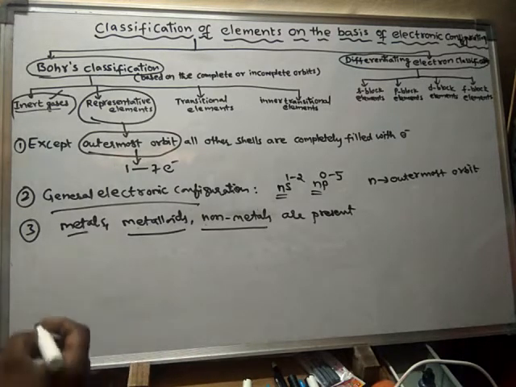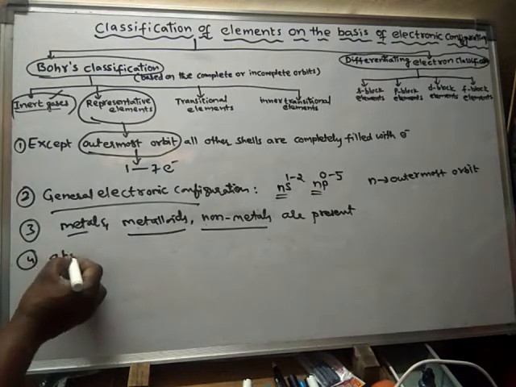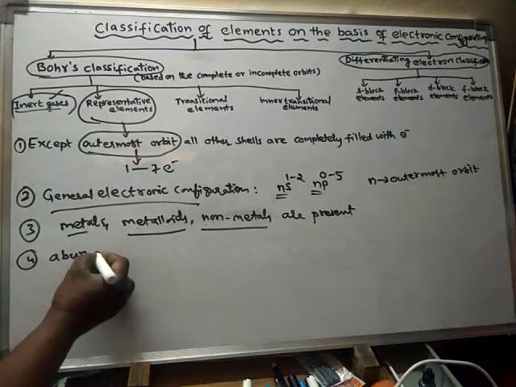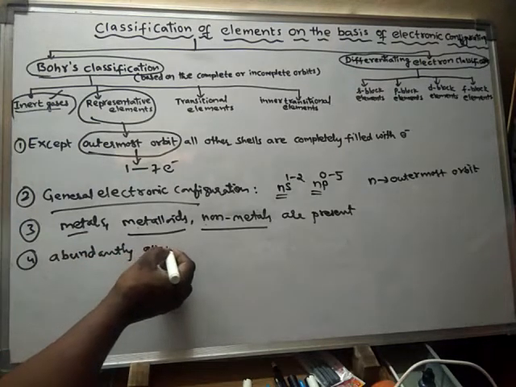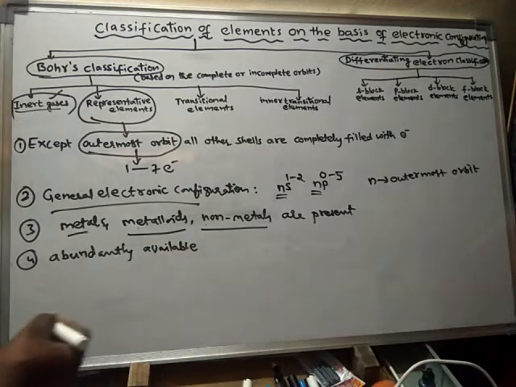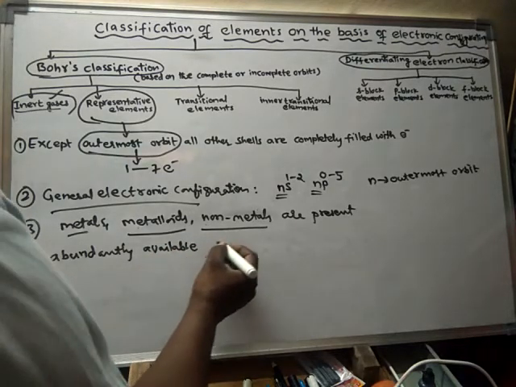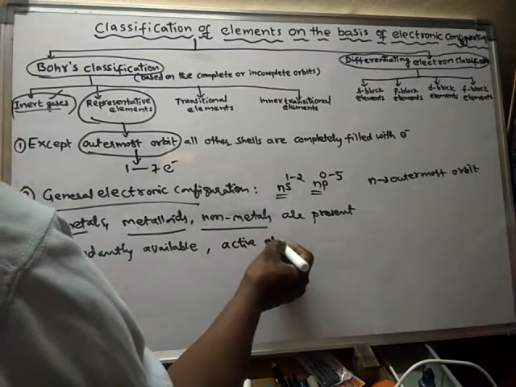Next point is, they are abundantly available. Abundantly means in large amounts, in the atmosphere, in nature. And they are active elements.